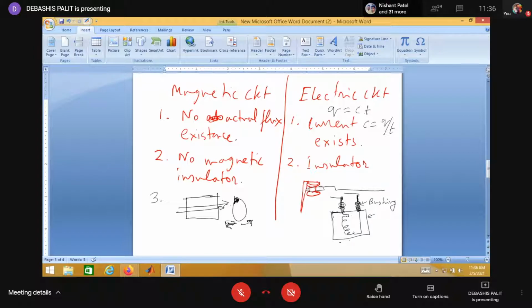So flux is flowing. This portion is air, this portion is magnetic material, this portion is air, this portion is magnetic material, this portion is air, and this portion is also magnetic material. This portion is tight, and it can be movable. Whenever flux is flowing and cutting here, there may be some force of attraction experienced.